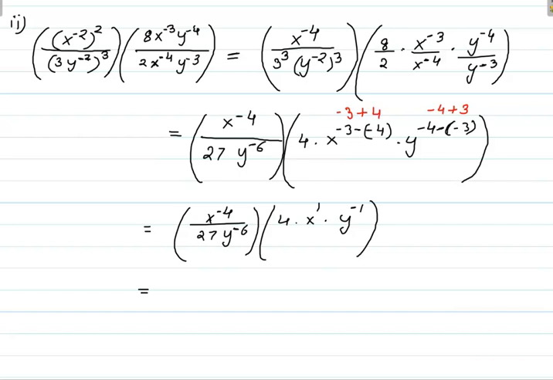So we can move the x term to the bottom and the y term to the top to make them positive. So it becomes y to the 6 over 27x to the 4, times 4, x will remain on the top and y gets moved to the bottom to make it positive.